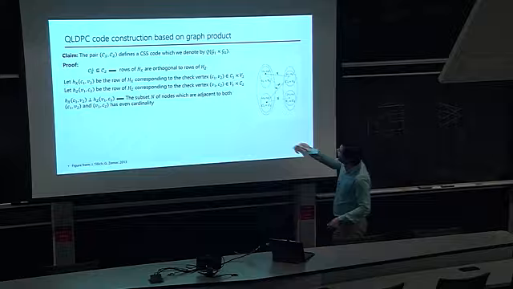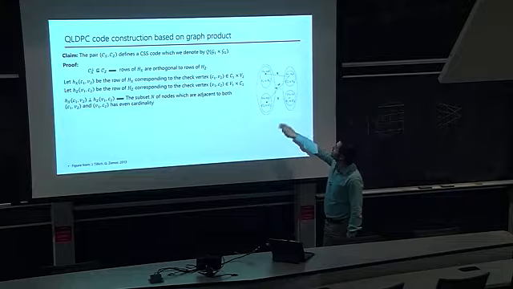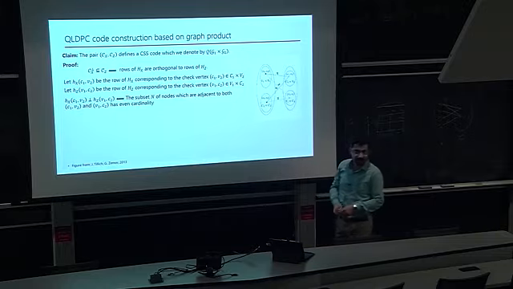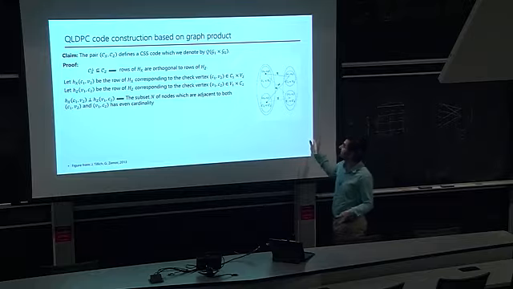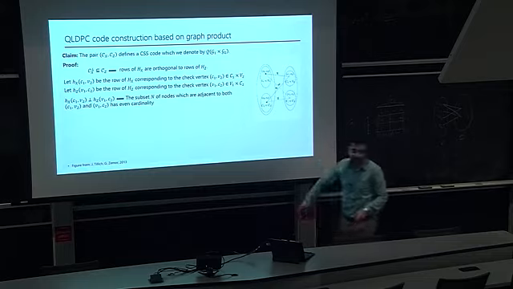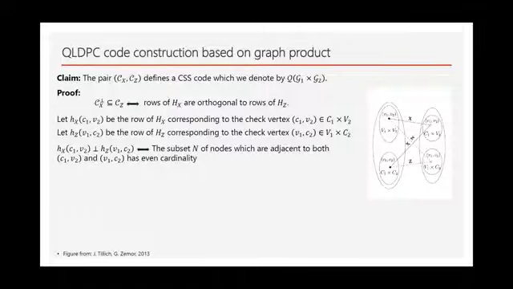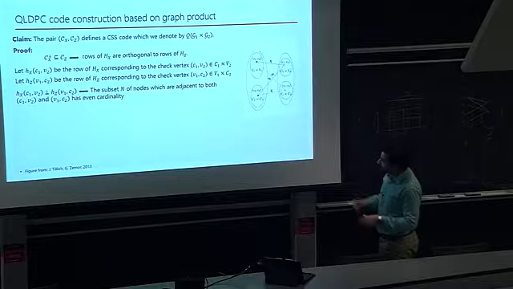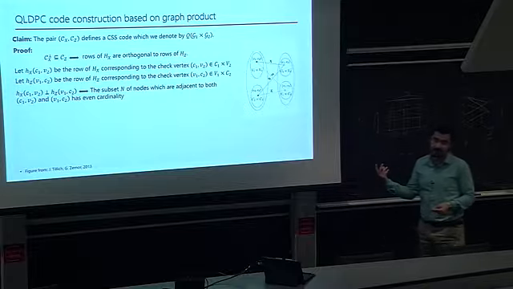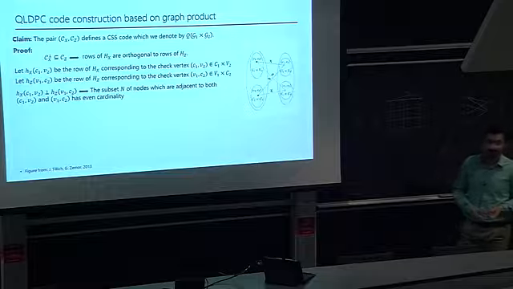If a vertex in C1 cross C2 is a neighbor of both of these two vertices, then the only such vertex is the node C1, C2. Similarly for V1 cross V2, the only vertex that can be a neighbor of both of them is V1, V2, because they need to have the same coordinates. So the size of the neighborhood is at most 2.